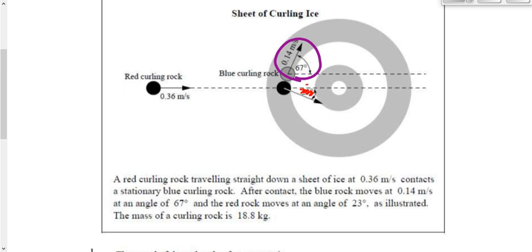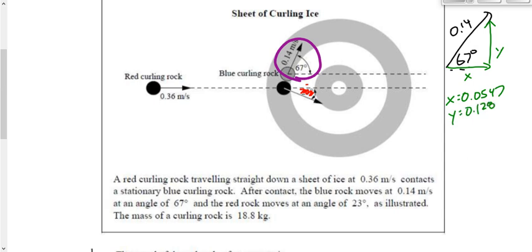Okay, so we got a funny angle here. Got to get rid of it. Take it off to the side up here. 0.14, 67 degrees. Okay, let's solve for x and solve for y here. Using cosine, x is 0.0547 and y is 0.12887. Block it off because that's what we always do.